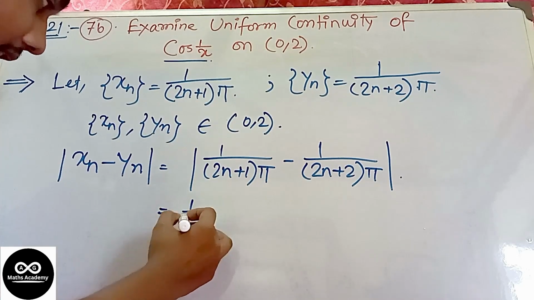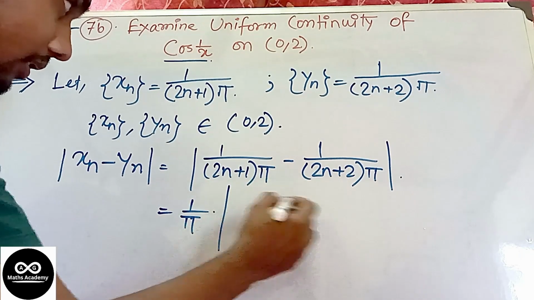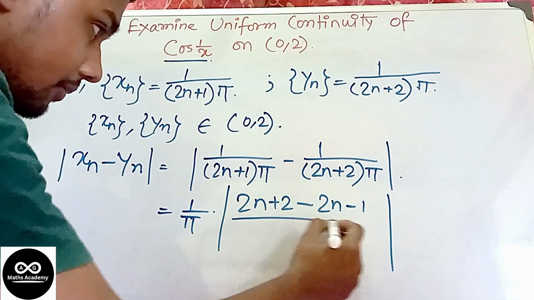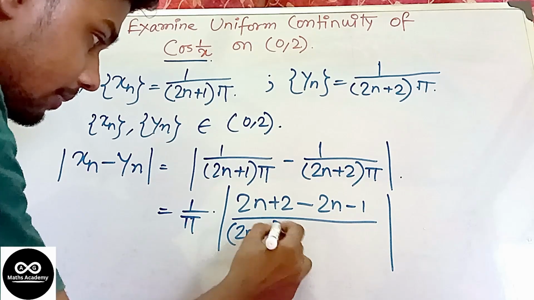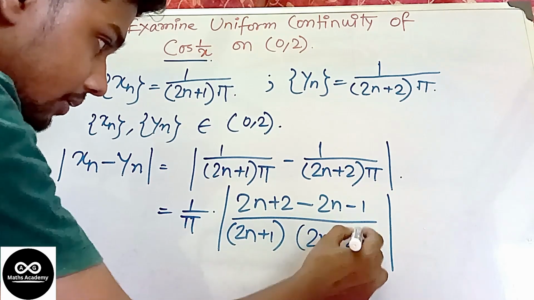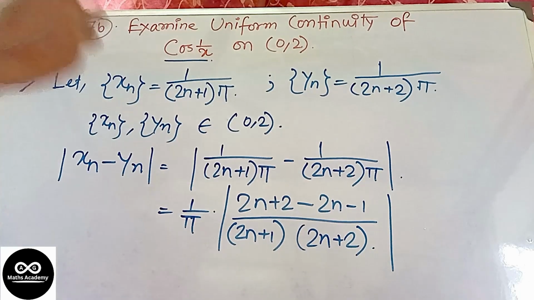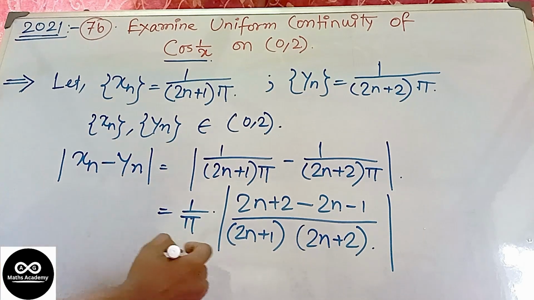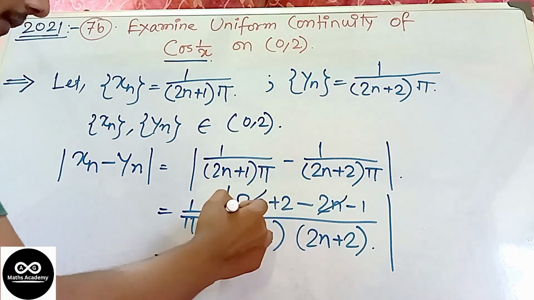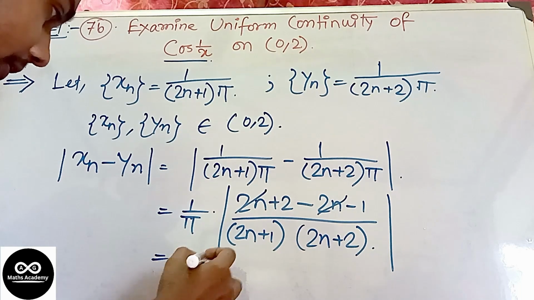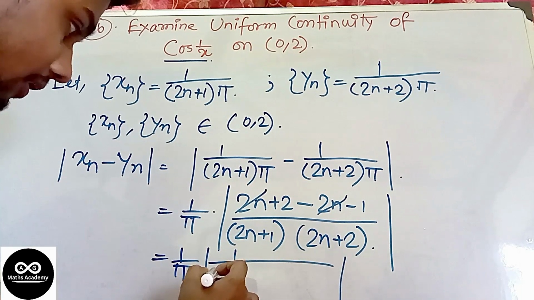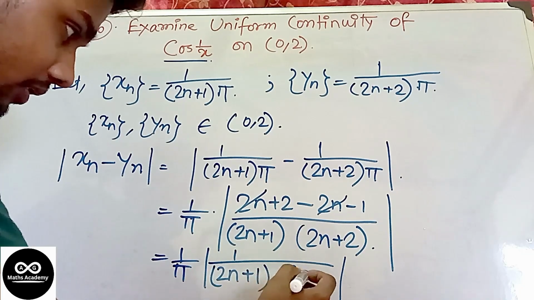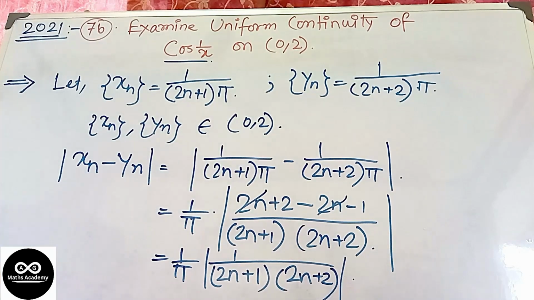Now we get pi times ((2n+2) minus (2n+1)) by (2n+1)(2n+2), so this will be 1 by pi times 1 by (2n+1)(2n+2).